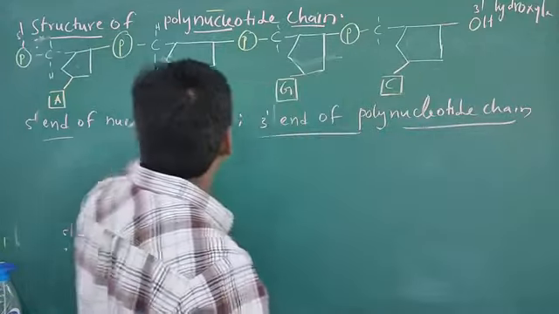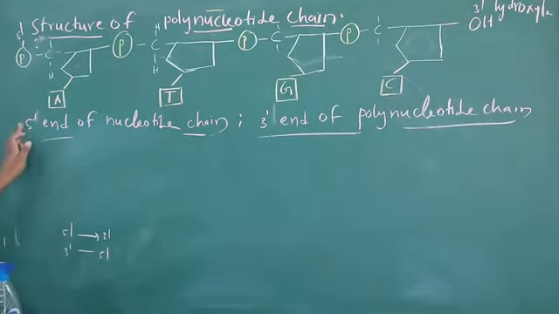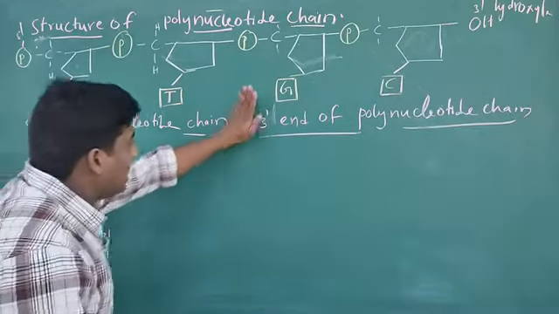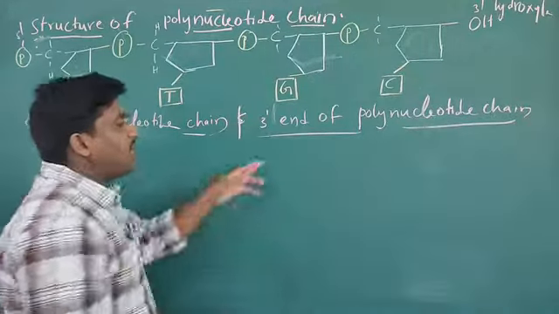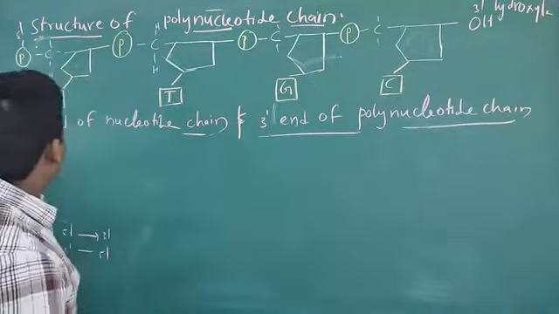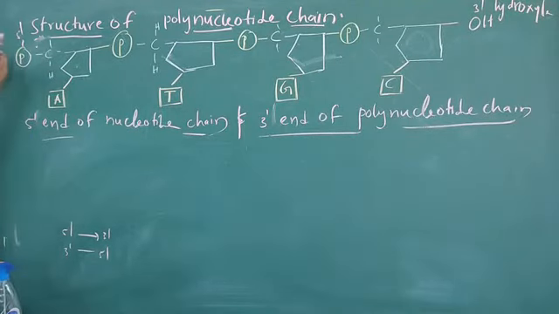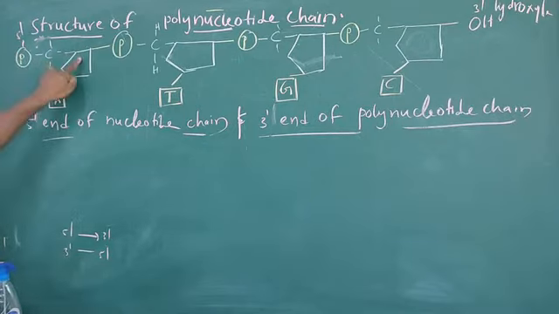In the polynucleotide chain, you can give two definitions. First, the 5' end of the nucleotide chain, and another, the 3' end of the nucleotide chain. The 5' end means the phosphate group, the phosphate moiety, moiety means group, is present at the 5' end of the ribose sugar.